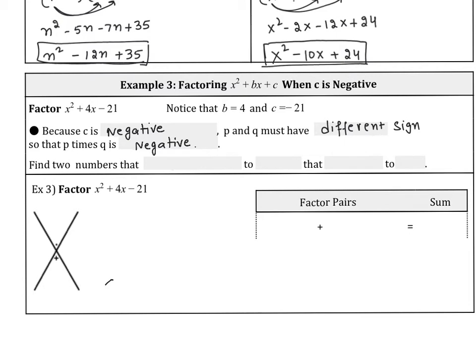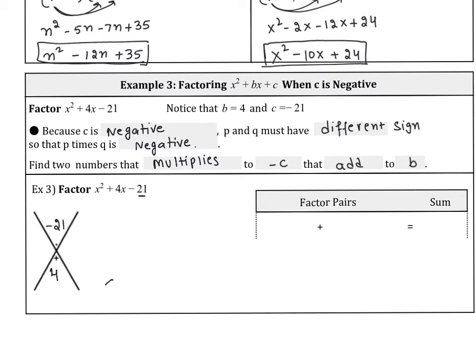Now you're going to find two numbers that multiply to negative c this time and add to b. So looking at this example number 3, where the c is negative 21, that goes on the top, and the sum, that is the center term 4, goes on the bottom.